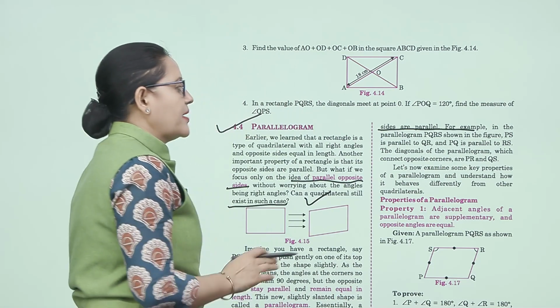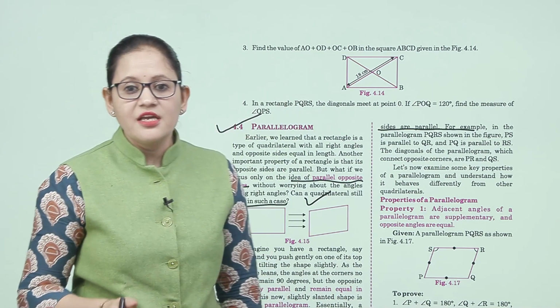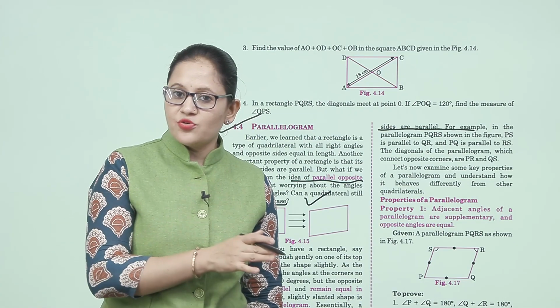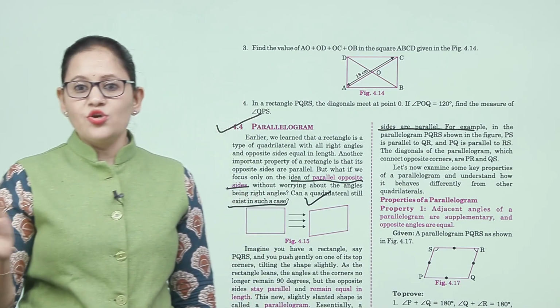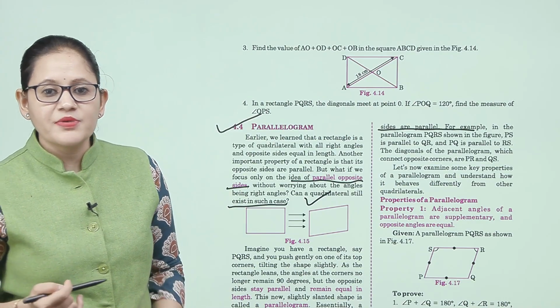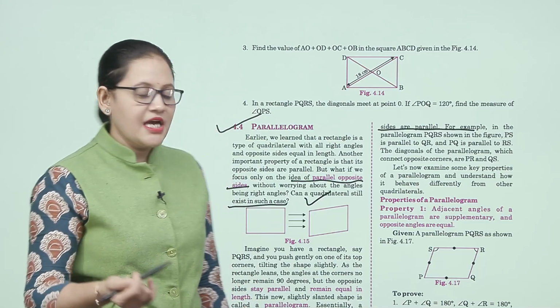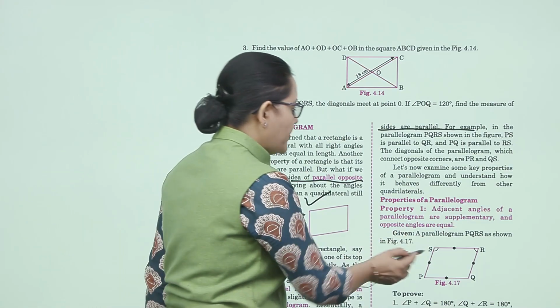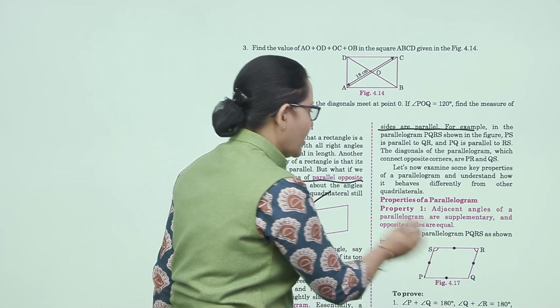For example, in the parallelogram PQRS shown in the figure, PS is parallel to QR and PQ is parallel to RS. The diagonals of the parallelogram, which connect opposite corners, are PR and QS.